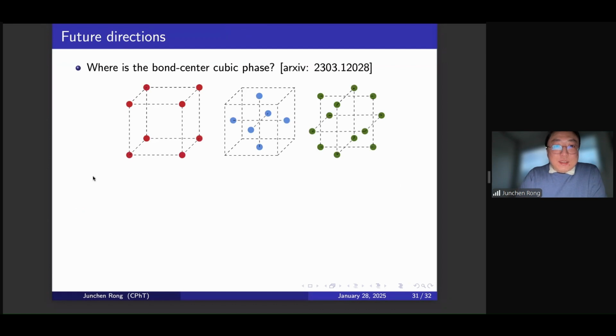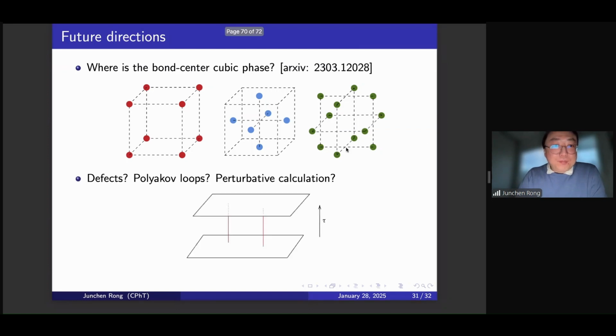So I mentioned there is a face center cubic, but in fact there's another one which is called the bond center cubic. This is harder to find. We don't know where it is in our phase diagram. Maybe if you introduce some extra interactions, you can find it. This is some question. Also, I think I said the theory is quite nice, but we didn't consider Polyakov loops.